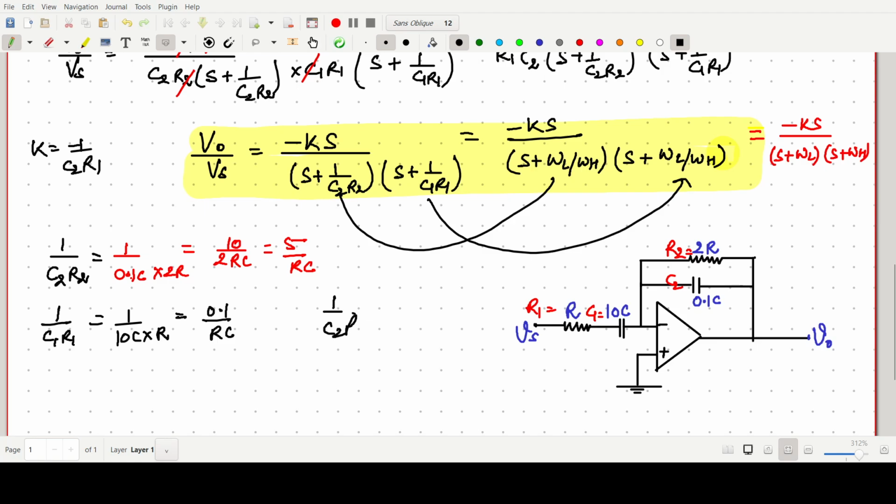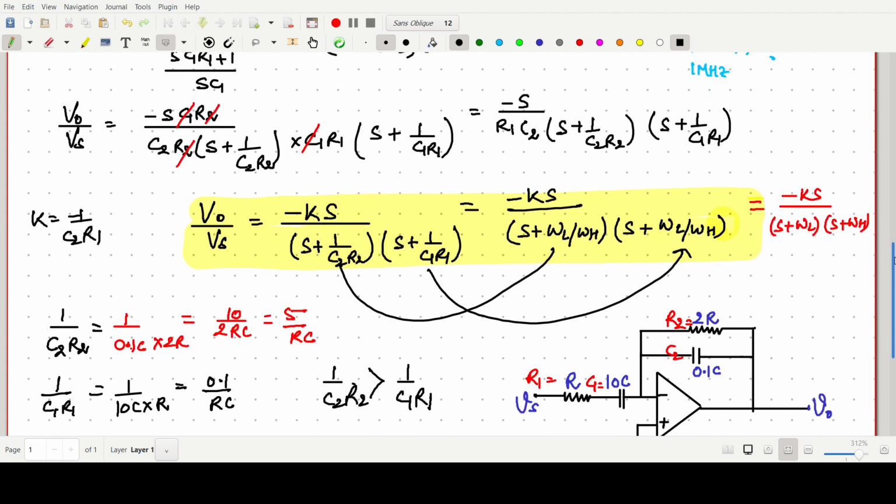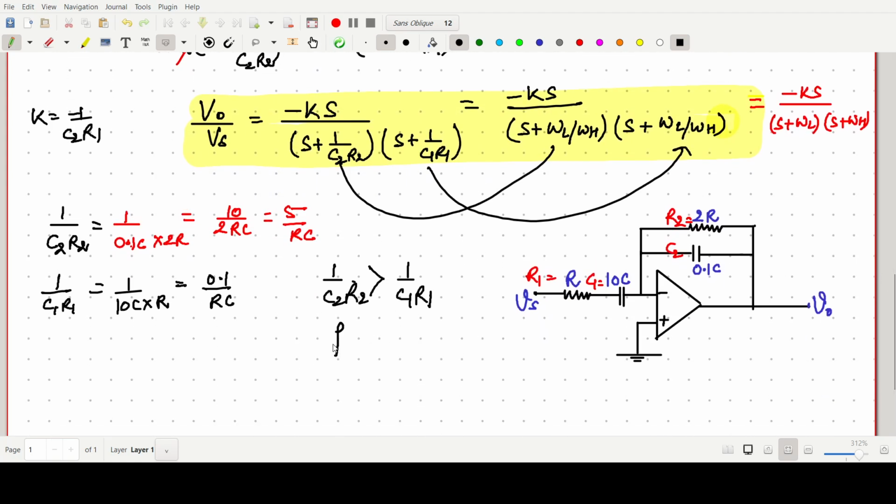1 by C2 R2 is greater than 1 by C1 R1. So we can easily say this value is nothing but simply our C2 R2. The value of C2 R2 will be our FH, this will be our omega H, and this is a lower value in comparison to this.